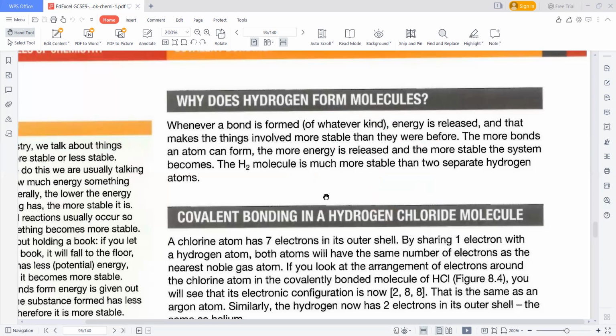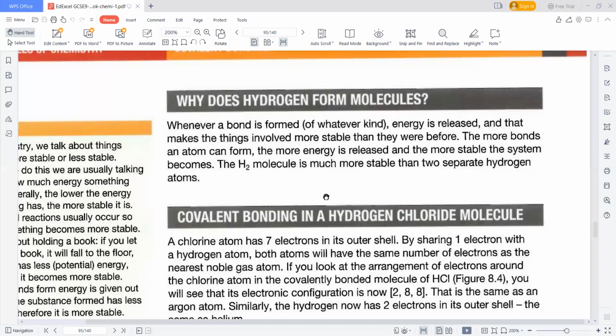Now, the more bonds an atom can create, the more energy is released, and the more stable the system would be. Now, the hydrogen molecule is much more stable than the two separate hydrogen atoms. Why?